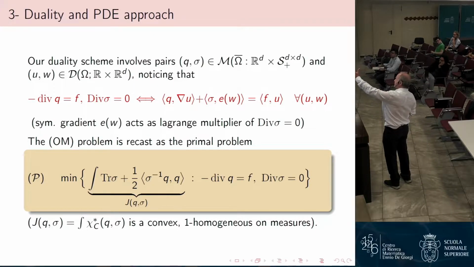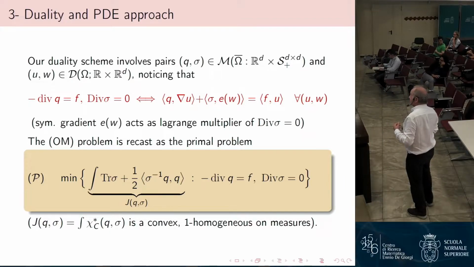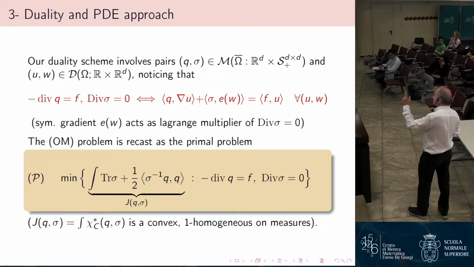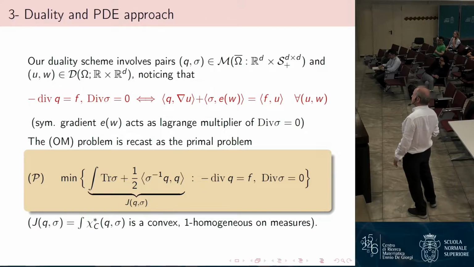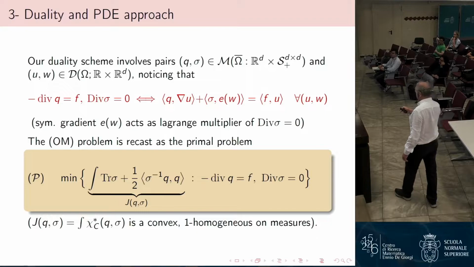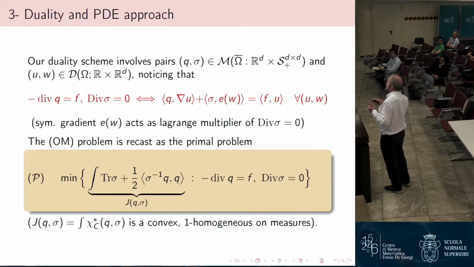I can put together the equilibrium constraint, divergence Q equal F. So you have a PDE. The unknowns of this PDE are the flux Q, which is a measure, and sigma, which is a tensor-valued measure. And for the admissibility of this PDE, you have the boundary condition for U, of course.